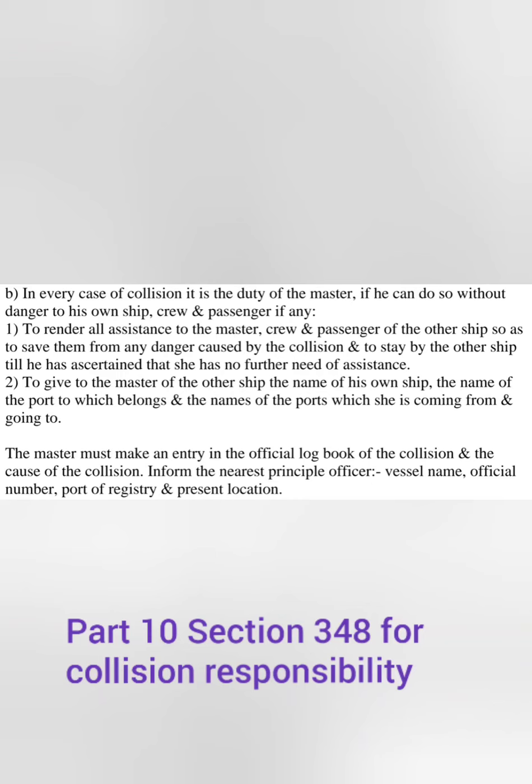And then he should give to the master of the other ship the name of his own ship, his own ship's port of registry, the next port of call, and the last port of call. The master must make an entry in the official logbook of the collision and the cause of the collision, and inform the nearest principal officer of the vessel name, official number, port of registry, and present location.